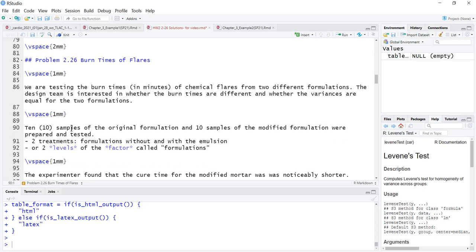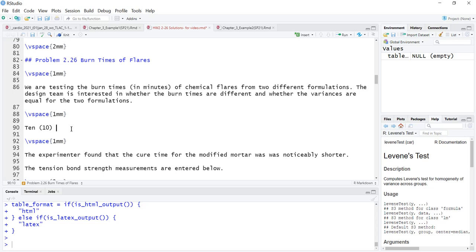All right, so we have 10 observations, and I'm going to get rid of this, and I'm just going to say 10 observations from each formulation, or I can say were tested for burn times.